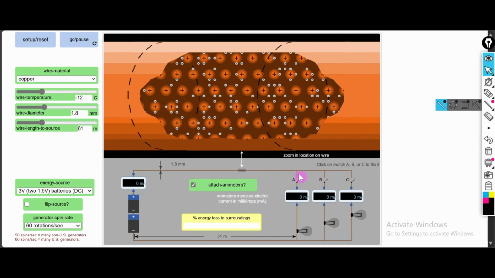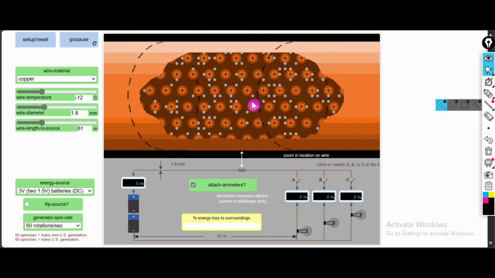As I mentioned before, this is the wire, and here we zoom in on a small portion of the wire and it looks like this. Inside, if we zoom in on this wire, it consists of a large number of atoms, because every object is made up of millions and billions of atoms. Matter is composed of a large number of atoms. In this case the wire is copper by default, so these are copper atoms, and we know that the copper atom has 29 electrons.